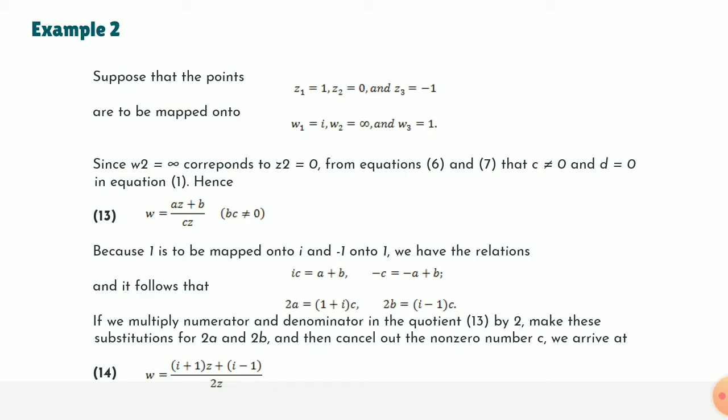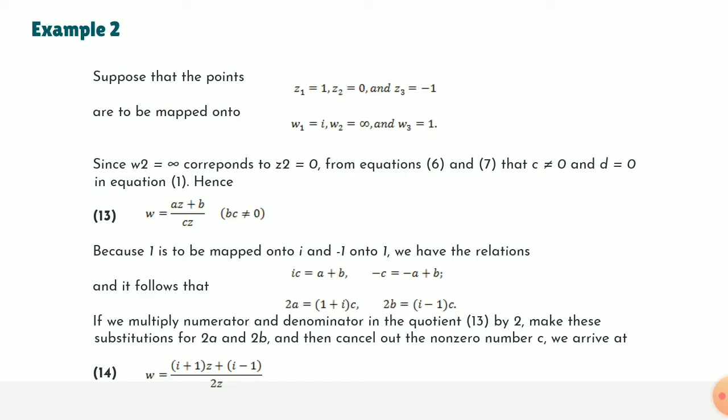Since w2 equals infinity corresponds to z2 equals 0, we know from equations 6 and 7 that c is not equal to 0 and d is equal to 0 in equation 1. Hence, w equals (az + b) over cz, where bc is not equal to 0.